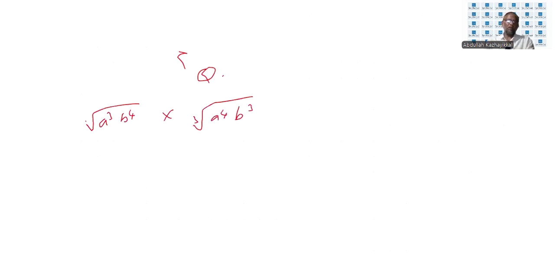You must understand the concept of squares, square root and cube root. What is the difference? In class 8 you studied square root and cube root. Any confusion? Square root is different, cube root is different. Now this is the question, how can we do this? Please try.